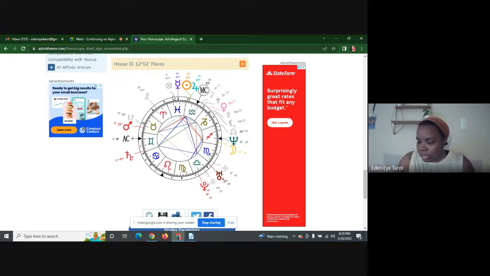13th degree. So the way that I got that, I'll do the first 10, and then we'll skip down. So the second degree would be Gemini. Third degree would be ruled by Cancer in your 12th house. The fourth degree would be ruled by Leo. The fifth degree would be Virgo. And then the sixth degree would be ruled by Libra.